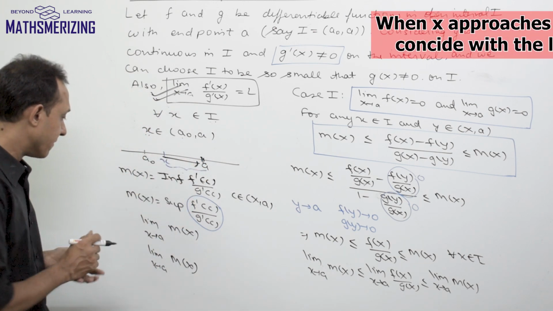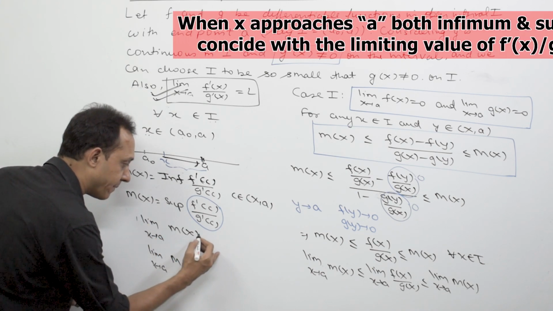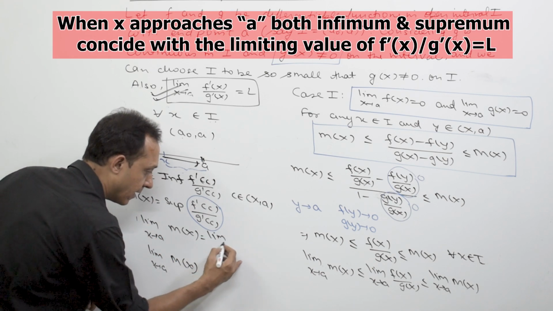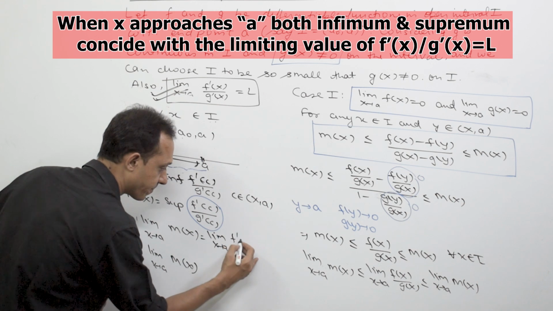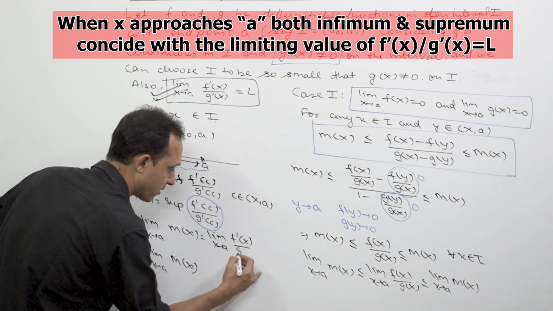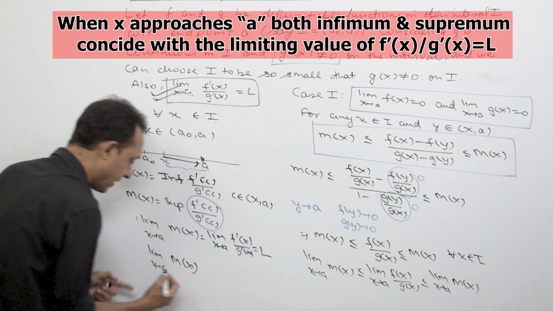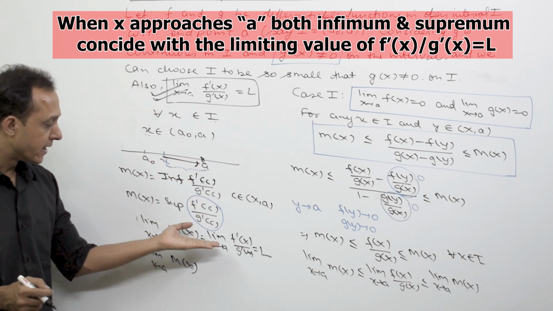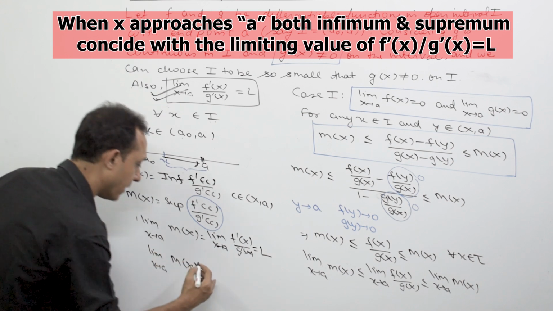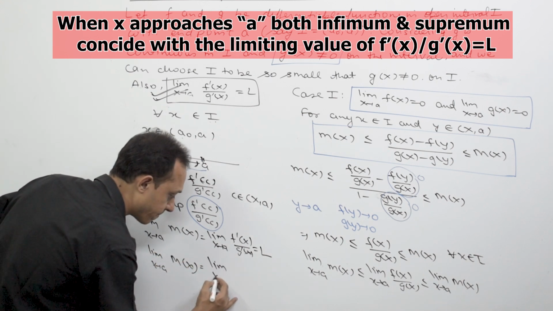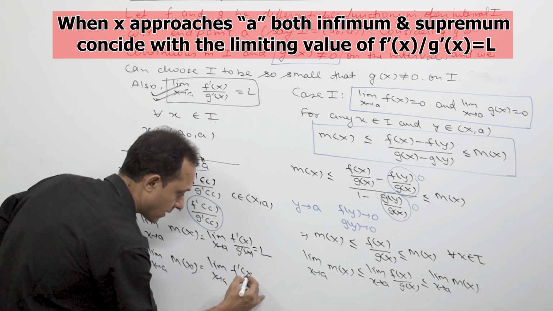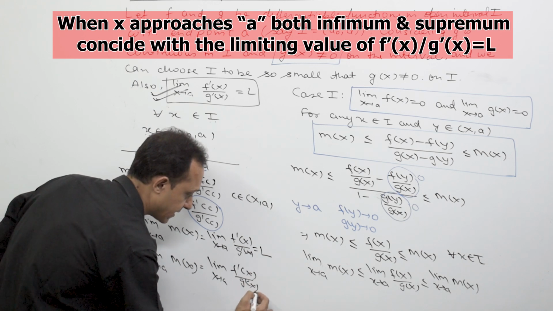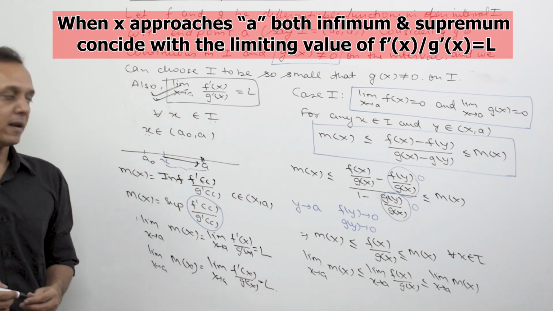So in this smaller interval, this limit x tends to a m(x) is simply equal to limit x tends to a f'(x) upon g'(x), which is L. And here also, in the smallest interval, its maximum value will again coincide with limit x tends to a f'(x) upon g'(x), and this limit is also equal to L.